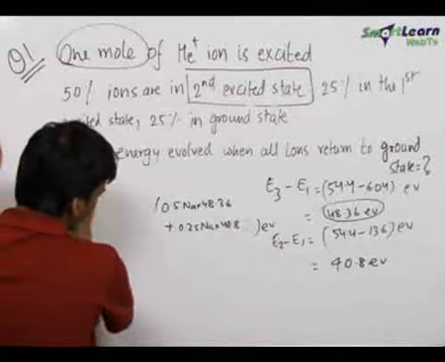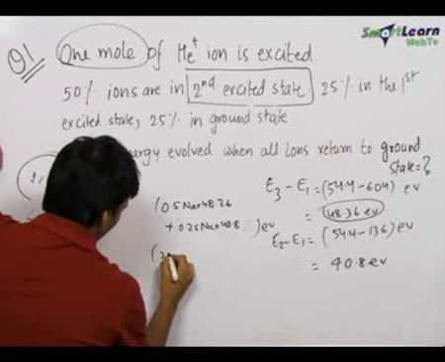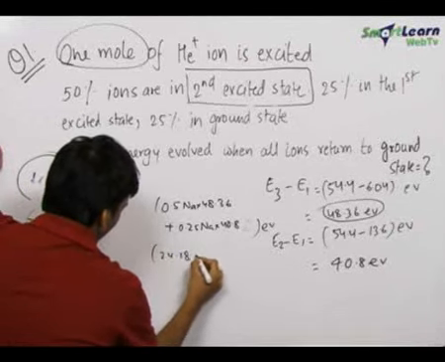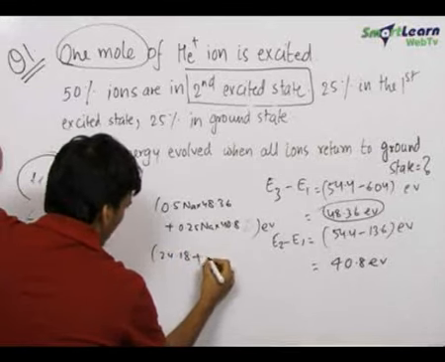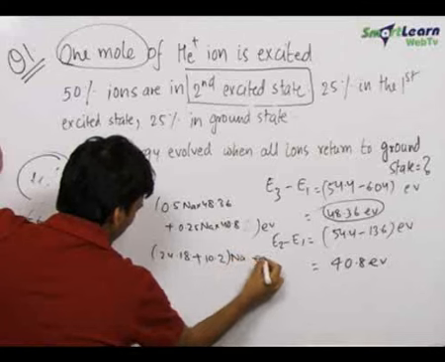On solving this, we get 24.18 plus 10.2 into Na electron volts.